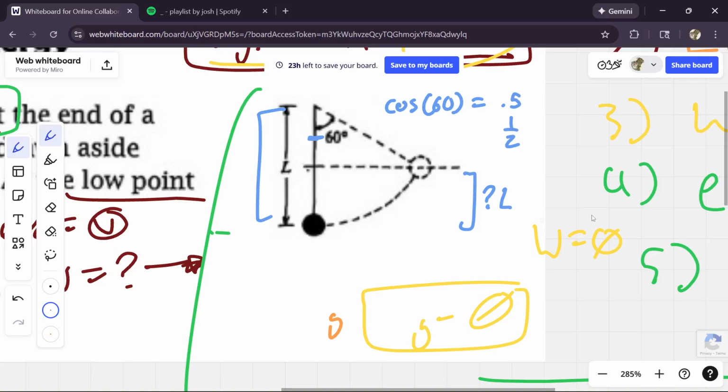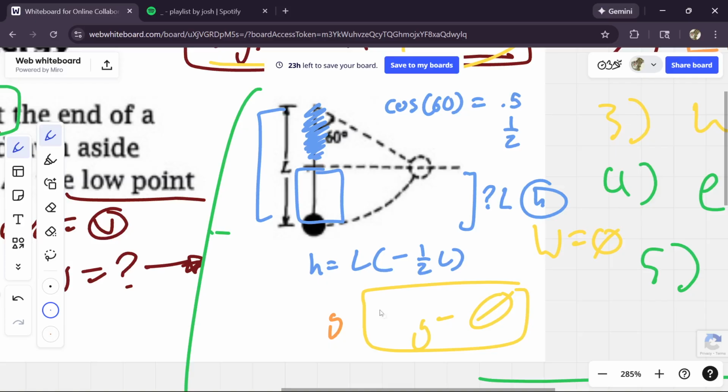So h is equal to L minus 1 half L. We're saying the height of the ball is equal to a certain amount of L. And since we know that this is half of L, 0.50, it means that this is 0.50 L.